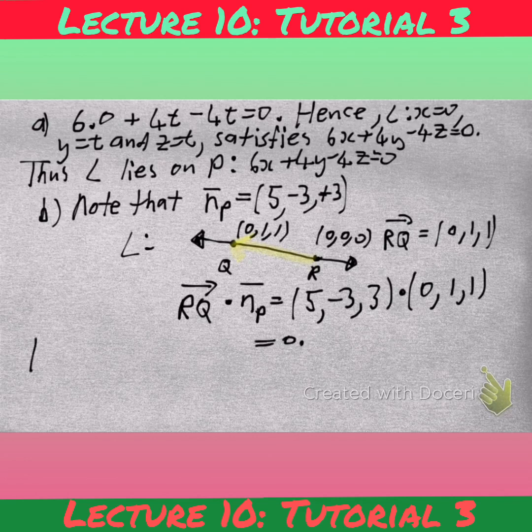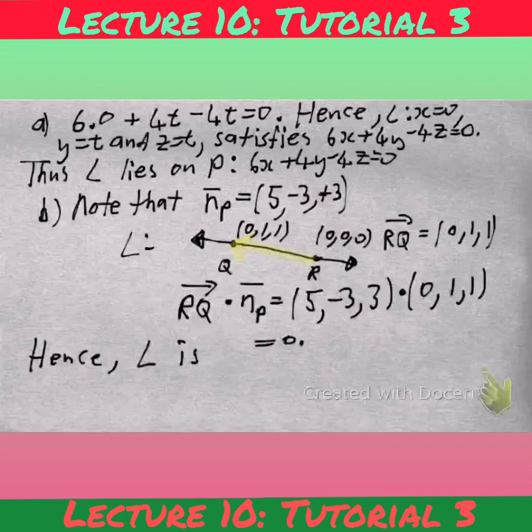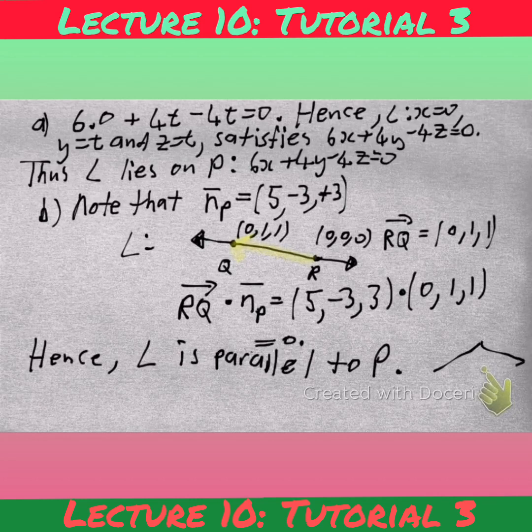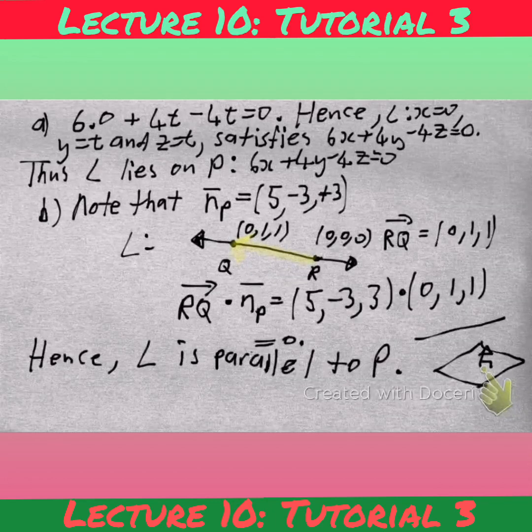Hence this line is parallel to the plane P. For the line to be parallel, I want the normal vector for the plane to be orthogonal to a vector on that particular line.